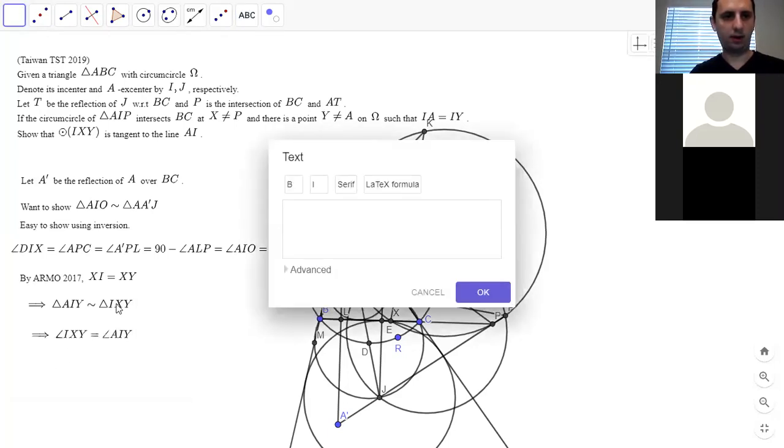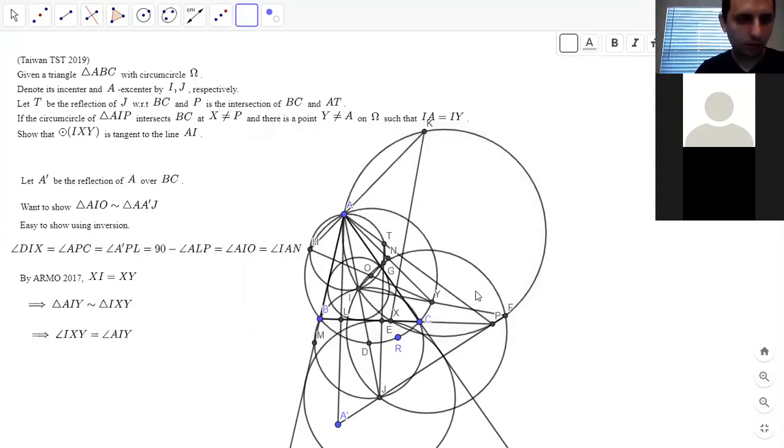And then that implies XY is tangent to AI. But okay, let me read through this for just a sec.